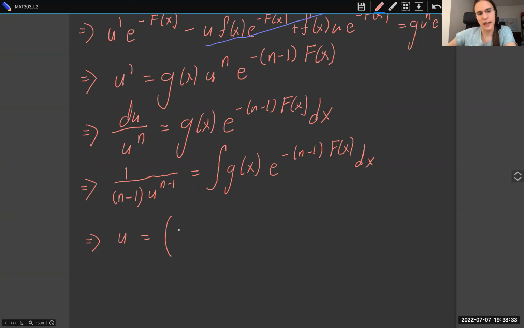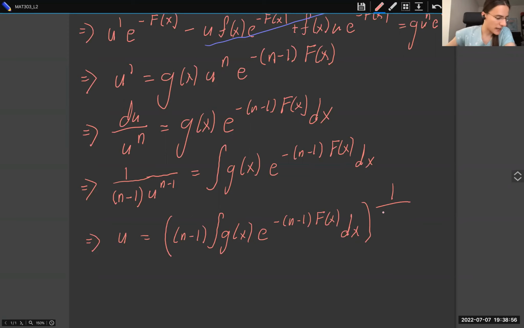So we're going to get n minus 1 times the integral of g of x e to the negative n minus 1 F of x dx to the power of 1 over, and then it's not n minus 1 because this is at the bottom, so it's negative that, 1 minus n. I could write it like that.